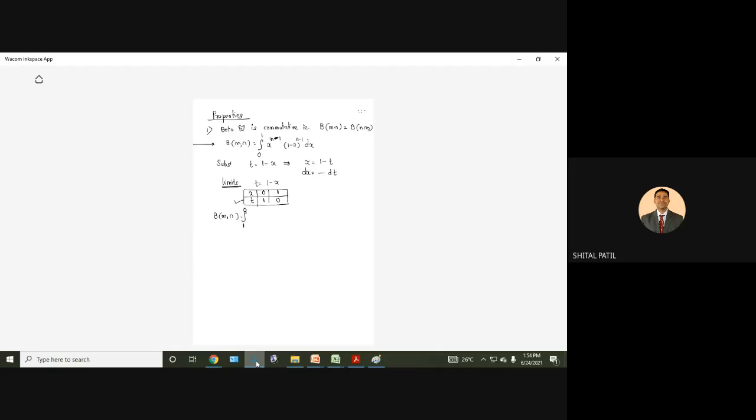Here it is. X, what is the value of x? Here it is, 1 minus t, raised to m minus 1. 1 minus x, that is t. dx is minus dt. Take minus sign outside.